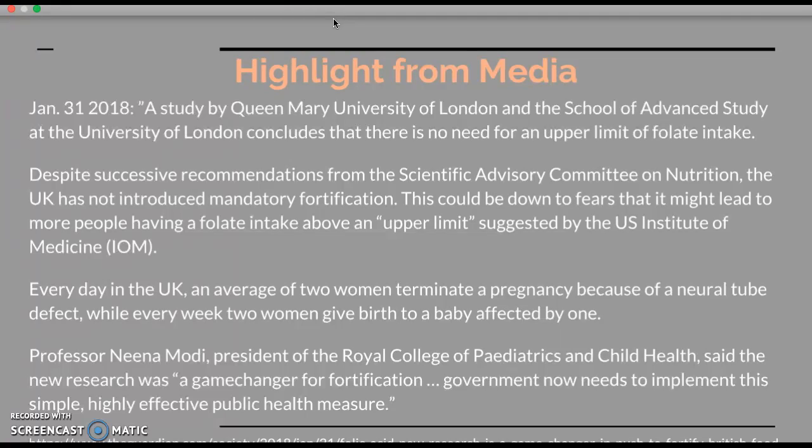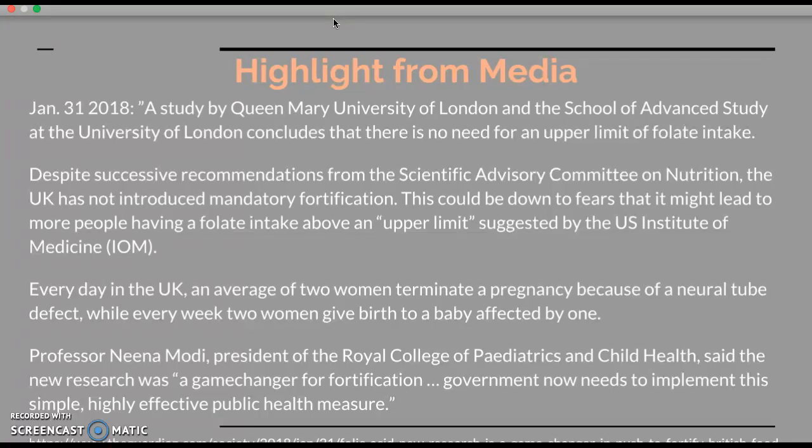And every two days, a woman gives birth to a baby with spina bifida or with one of those NTDs. Professor Nina Modi, president of the Royal College of Paediatrics and Child Health, said the new research was a game changer for fortification. Government now needs to implement this simple, highly effective public health measure. Currently in the UK, foods aren't fortified with folate like they are in the United States.